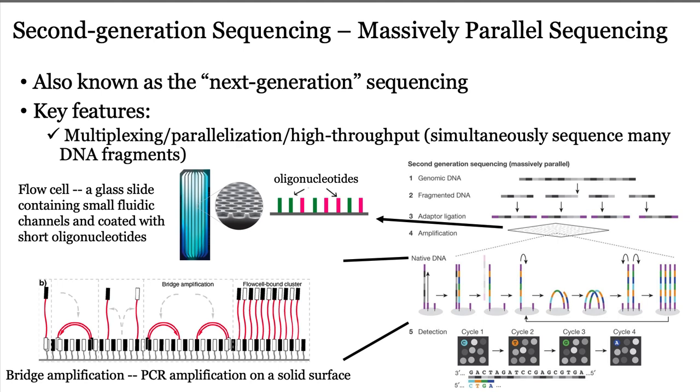Then each droplet, which is a liquid droplet in a solution of oil, is kind of like a tiny reactor. You can have a sequencing reaction happen in that droplet.